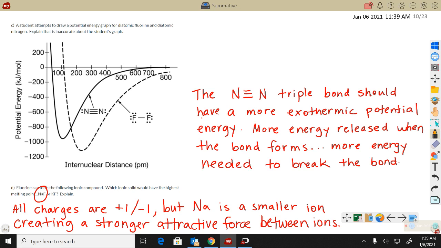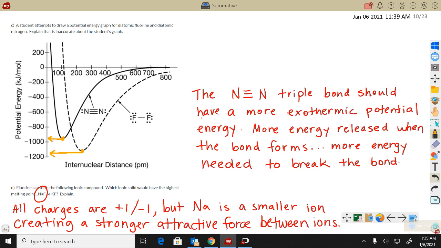Okay, so here too, they kind of show me that the nitrogen is a triple bond, and the fluorine is a single. So I'm not going to get that wrong. Okay, well, here might be the problem then. If I'm looking at the bond energy, like the low point here, and if I follow it across, it tells me the amount of energy released, because these are negative numbers down here.